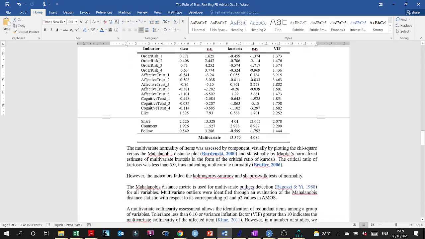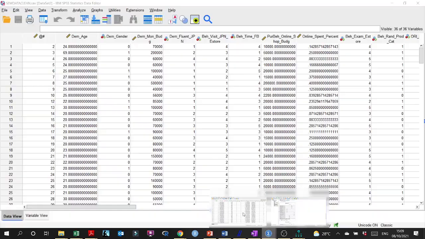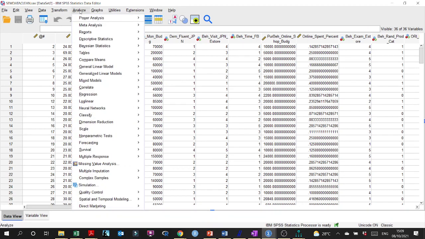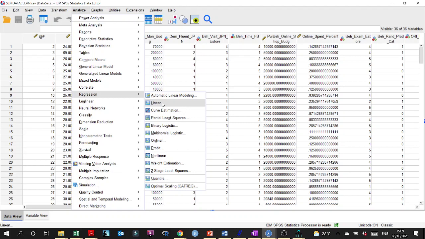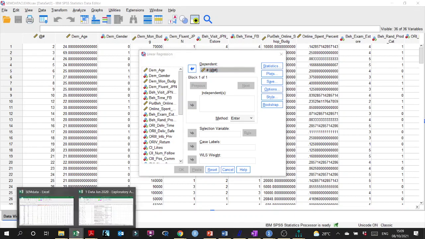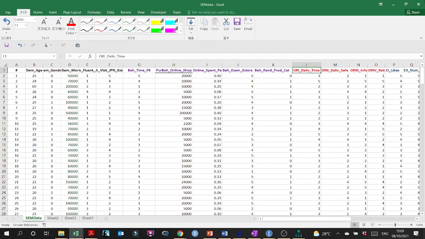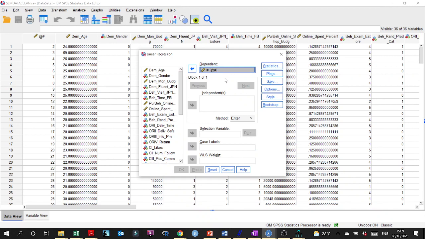Okay. Now, some researchers keep on reporting these tests. You get them from linear regression in SPSS, I think. You go to regression, and you go to linear, and then you can put your numbered first line, the serial number, as the dependent variable for the sake of this analysis.